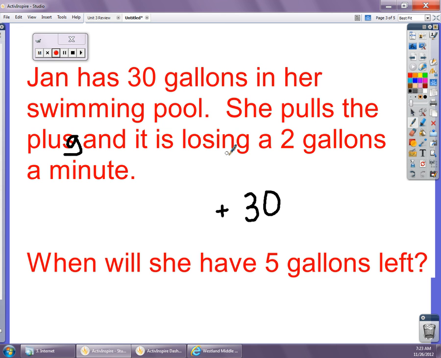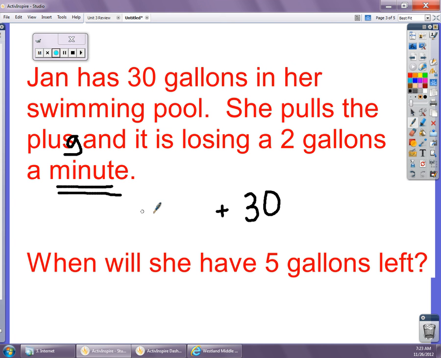And it is losing 2 gallons a minute. So you think about this, it starts out at 30, but it's losing 2 gallons every minute. Well, I don't know how many minutes there are, but if you have 1 minute, it's going to be 1 times negative 2 because it's losing 2 gallons a minute.